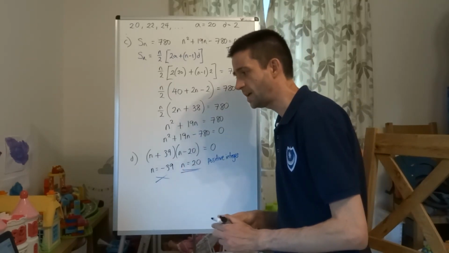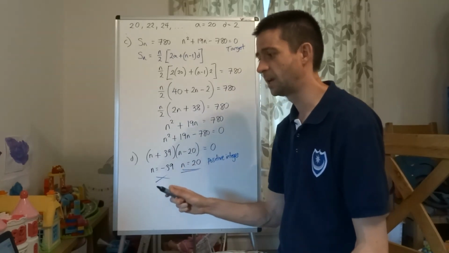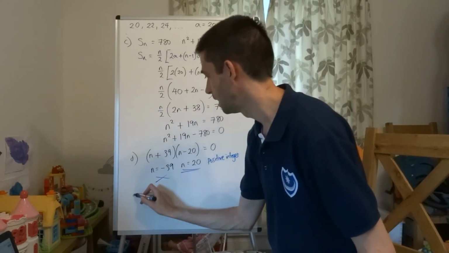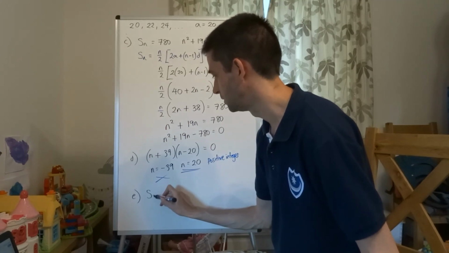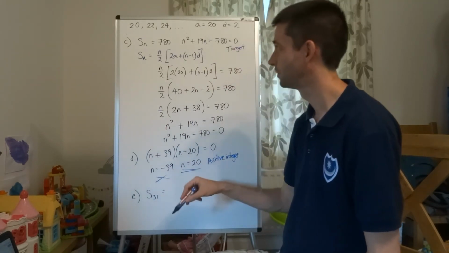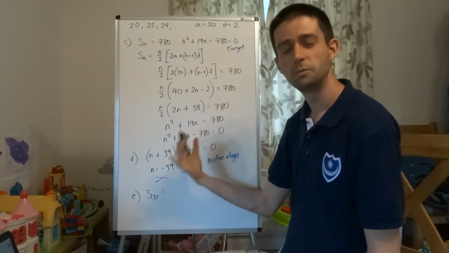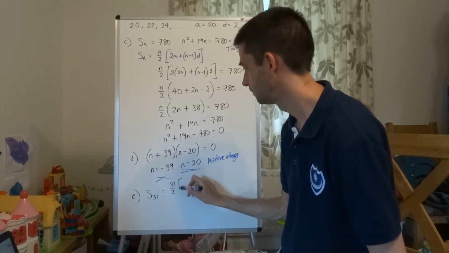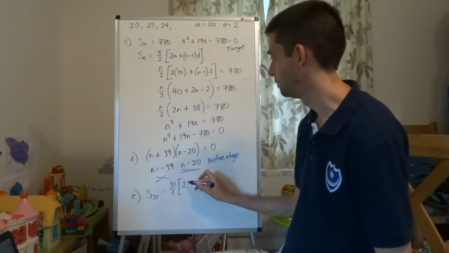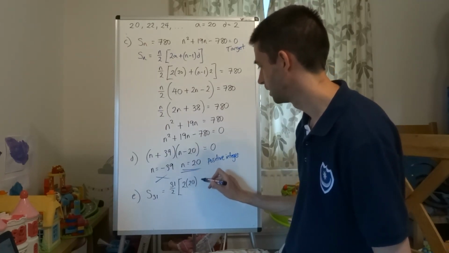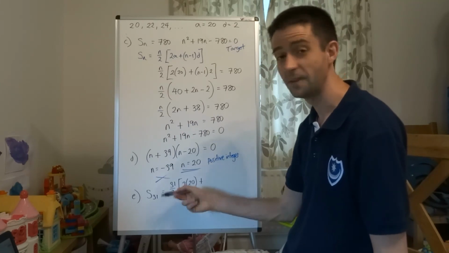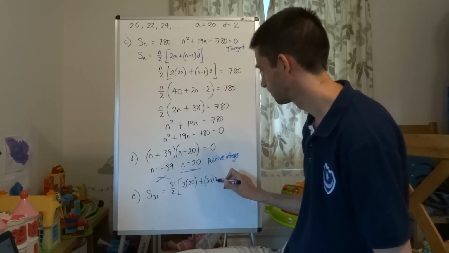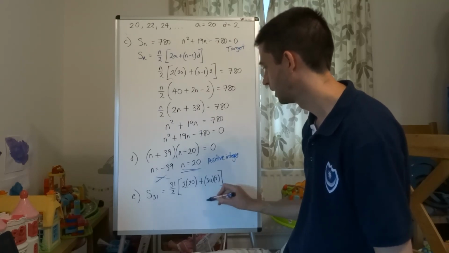Right, finally part E, find the total weight of plums that the farmer would collect if the season lasted for 31 weeks. That is just a case of doing the sum to 31 terms using this formula here, which by now we're happy with this. So 31 over 2, 2 lots of A, which is still 20, plus n minus 1, so if n is 31, then n minus 1 is 30, times by 2.